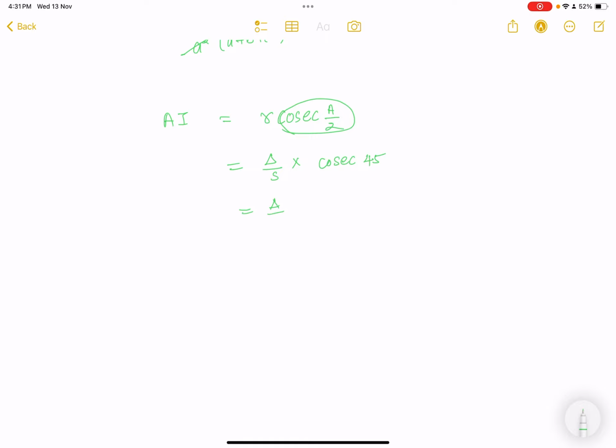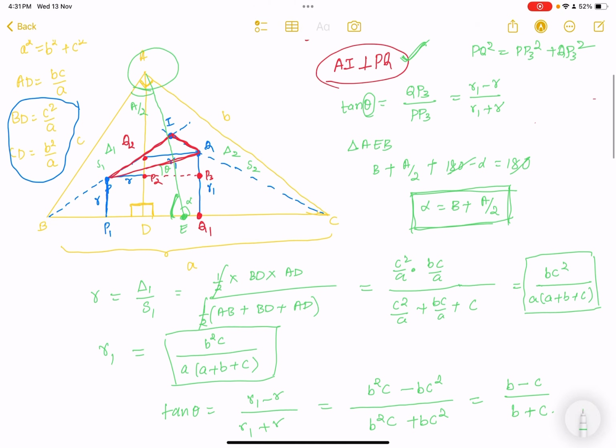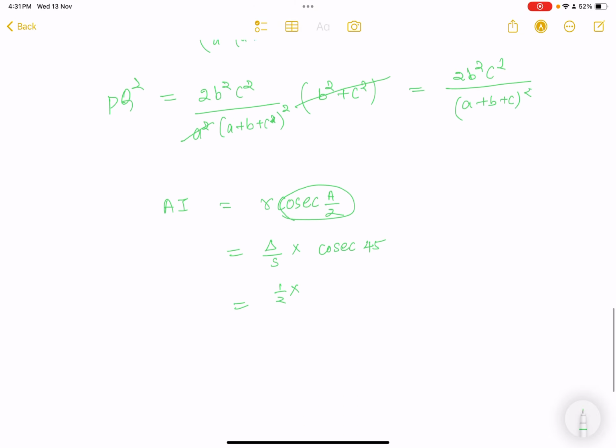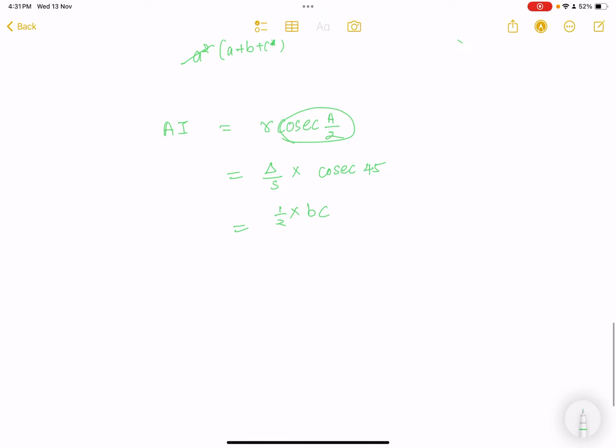Delta upon S. So what is delta? Half into area of the bigger triangle, B into C by S is half into (A plus B plus C) into cosecant 45.